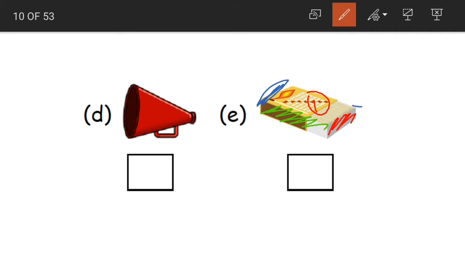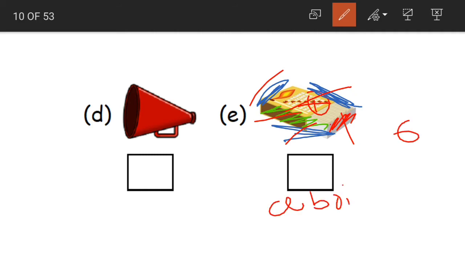That will be one face, and even on this side we have a face, and also below the matchbox we have a flat surface, which is also a face. So in total how many faces do we have? 1, 2, 3, 4, 5, 6. This is a cuboid. Yes, a cuboid has 6 faces.